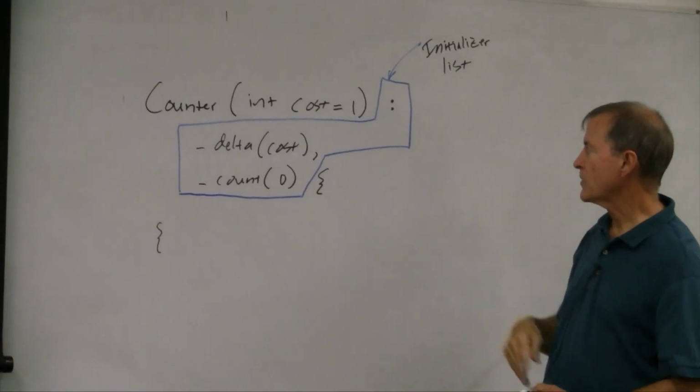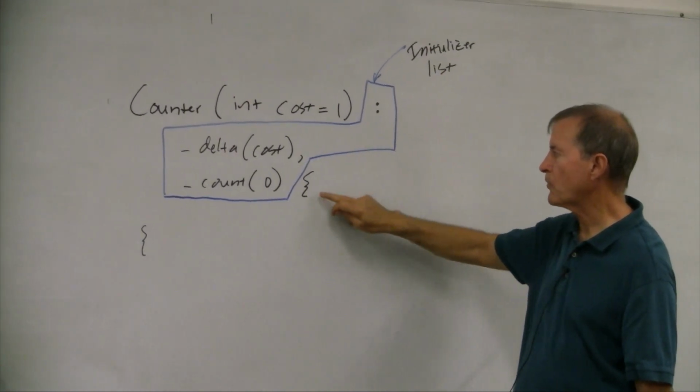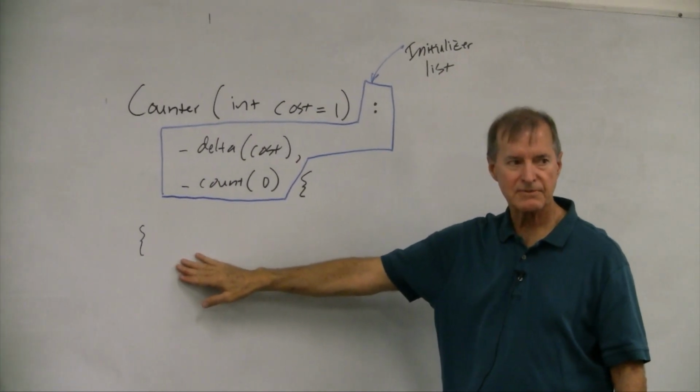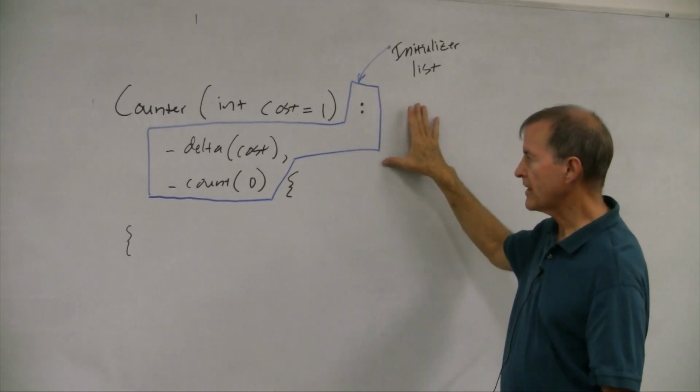And it's kind of weird because if you put the colon here, then you postpone where the brace starts and where the brace ends. So this is called an initializer list.